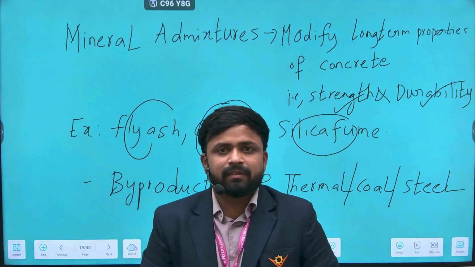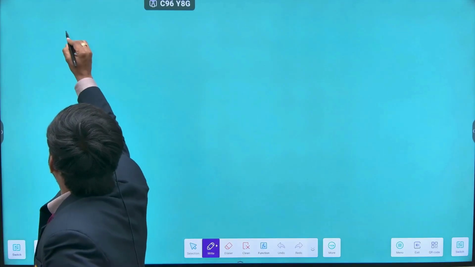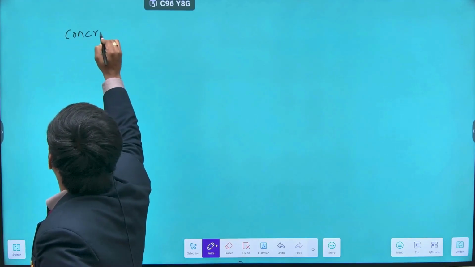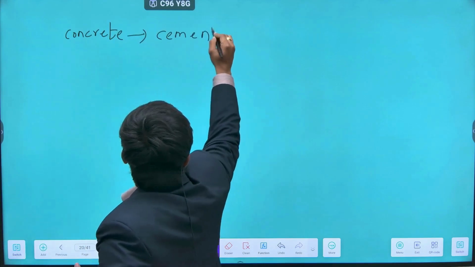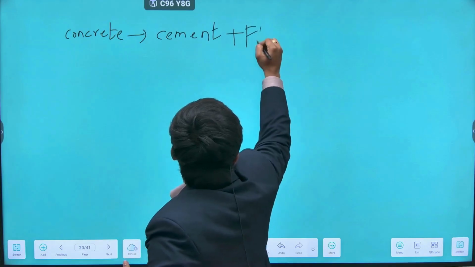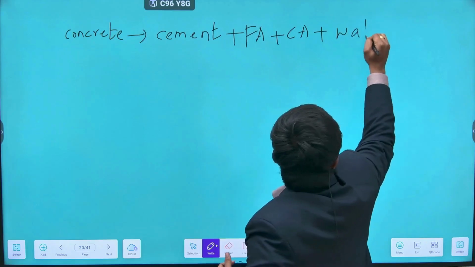Here we have used cement. Concrete is a mixture of cement plus fine aggregate plus coarse aggregate plus water.